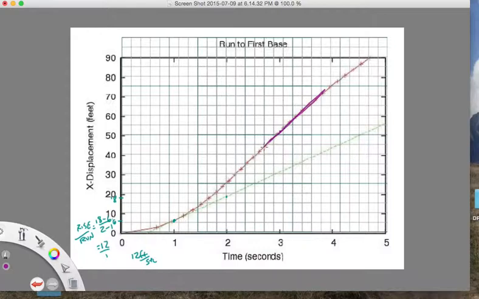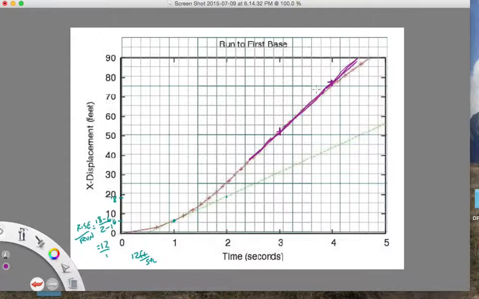Fairly straight. Okay, that's as straight as I can go. So at 3 seconds, it's right here. Let's just go up to 4 seconds. 4 seconds is right about there.